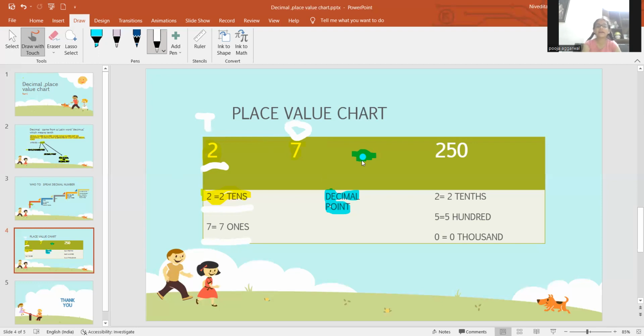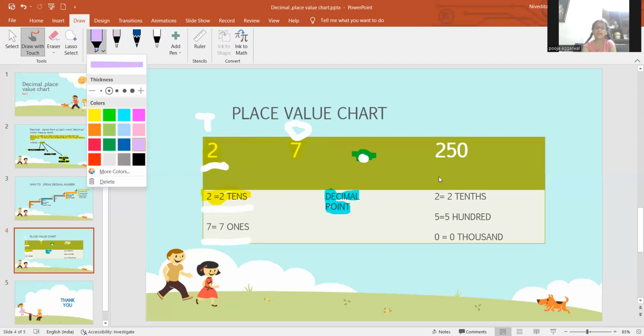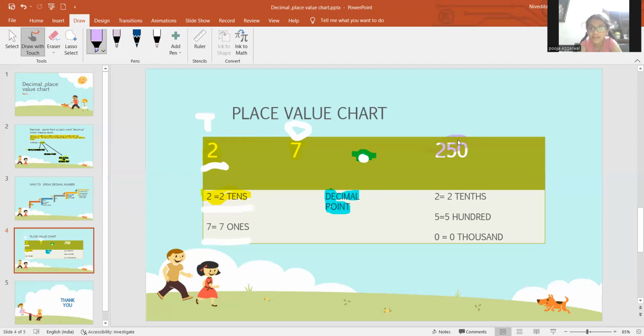Now here a point comes, and after it there is 250. We will not call it 250 in the same way. After the decimal point, we will not call 2 as 2 tens. After the decimal point, there is no ones place.